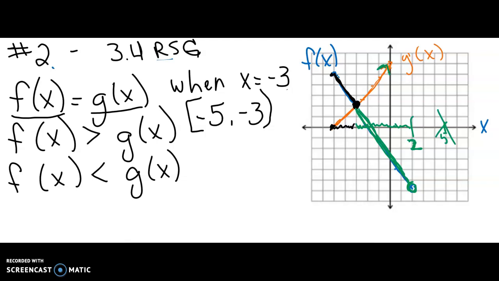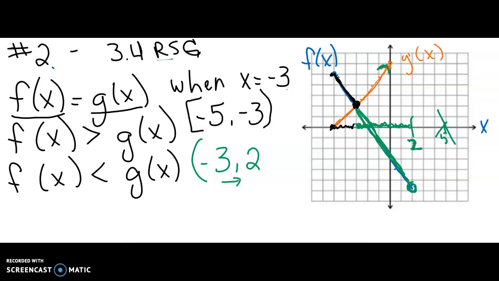So I'm going to talk about this green interval from -3 up to 2. And I'm going to use an open bracket on -3 because f of x isn't actually smaller than g of x at -3. f of x is smaller than g of x just past -3 on the way to 2.